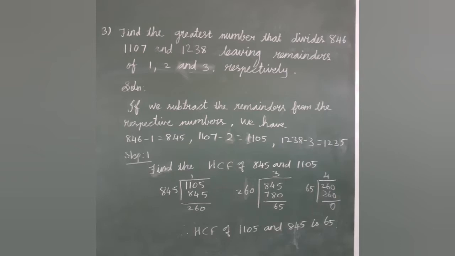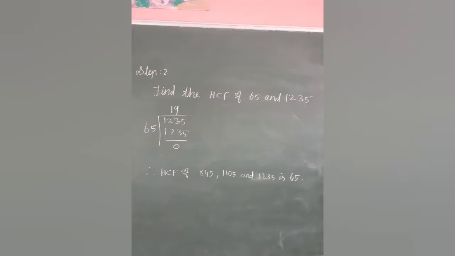Now we get the HCF of 1105 and 845 is 65. Step 2, find the HCF of 65 and 1235. Now we get the divisor is 65. So the HCF of 845, 1105 and 1235 is 65.